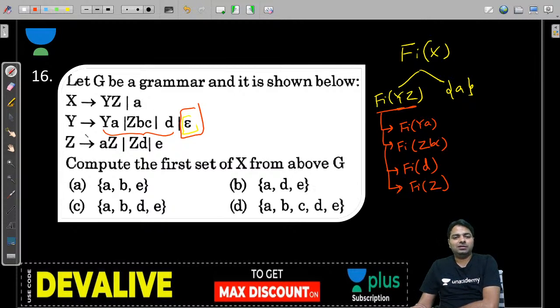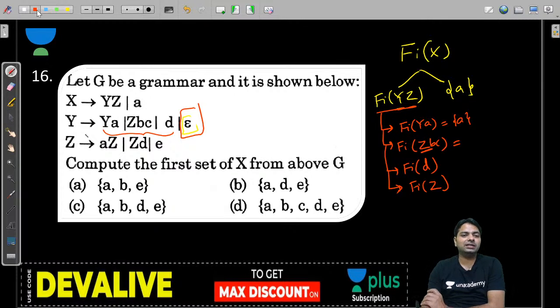Yes, next. Y again you have to substitute the same. So better to do something: Y put epsilon, you will get A here. And for Z you have so many things in the question: you have AZ, ZD, AE. So you have to do that again to understand further.